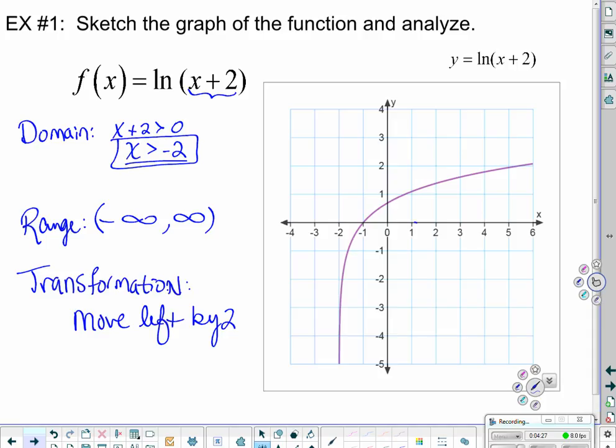If I put in negative 2, I should get out... Am I off on that? Yeah, when we put in negative 2, that produces the 0, doesn't it? And there we have our vertical asymptote. So where we had a vertical asymptote at 0 before, it got slid left by 2.